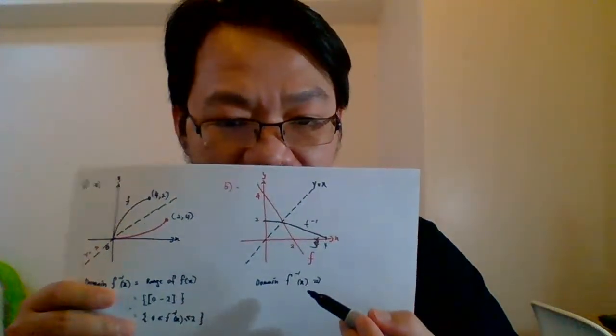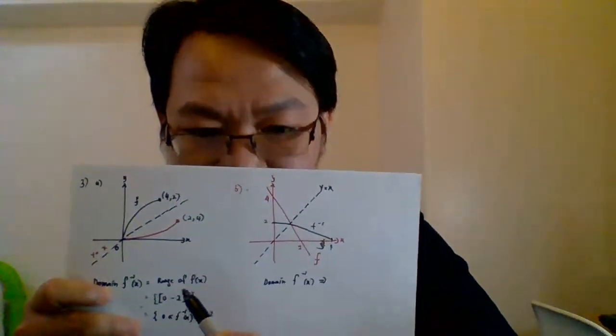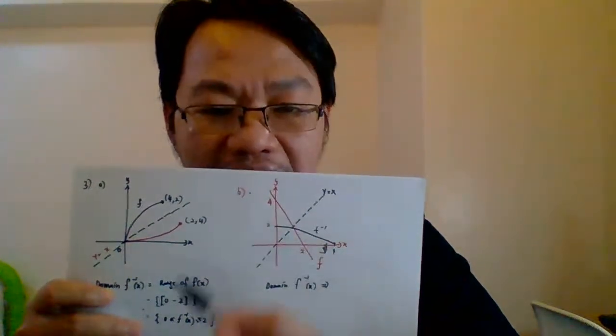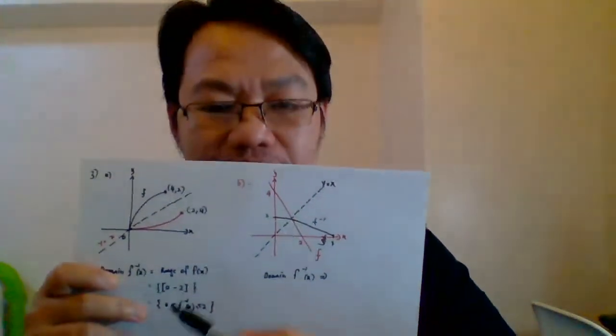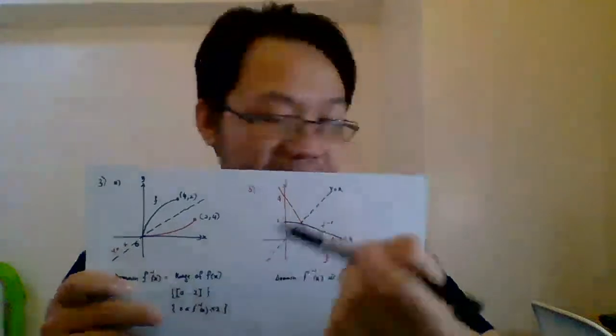But the question is asking for the domain, right? The domain of f inverse. So I told you the domain of f inverse actually equals what? The range of normal f. What is meant by range?